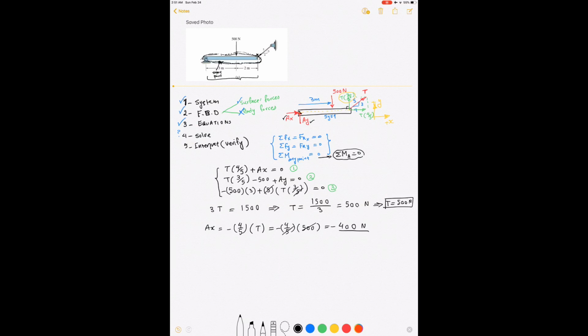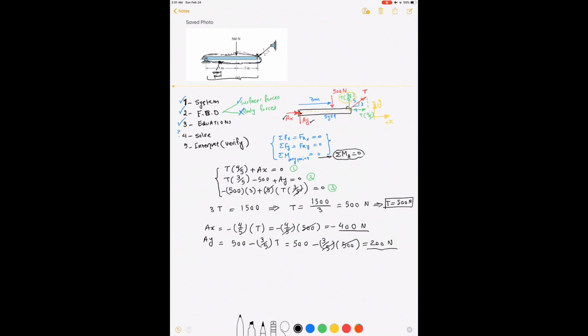Now let's go to equation number 2. AY is equal to 500 minus 3/5 times T. Substitute the value 500 for T, then you get 500 minus 3/5 times 500. Alright, this cancels out with this. 500 minus negative 300, you get positive 200 Newton.